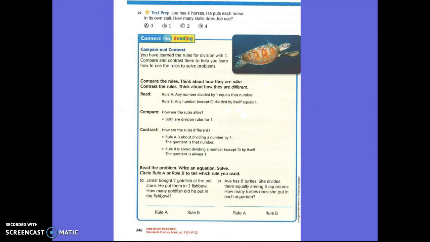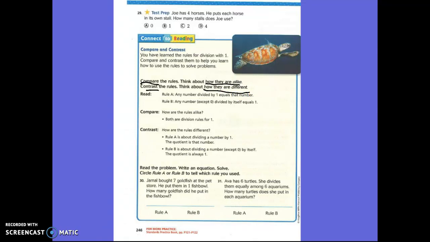Okay, boys and girls, compare and contrast. You have learned the rules for division with 1. Compare and contrast those rules to help you learn how to use the rules to solve problems. Compare means you think how they are alike. Contrast is for you to think how they are different.